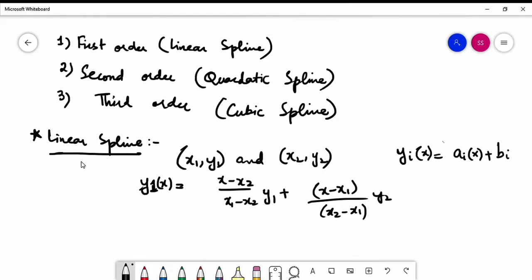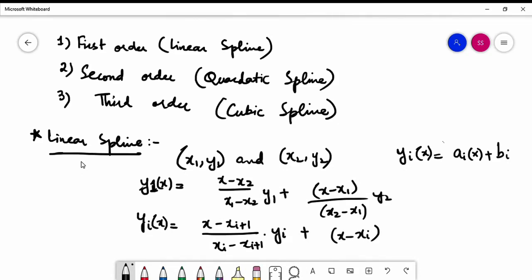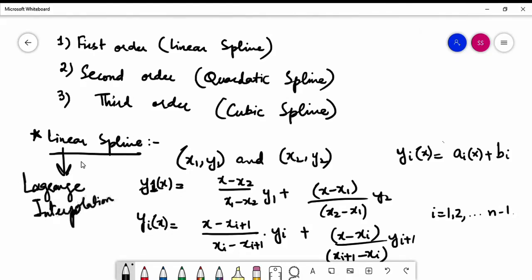For 2 points, if I want to generalize this, yi of x is equal to (x minus xi plus 1) divided by (xi minus xi plus 1) into yi plus (x minus xi) divided by (xi plus 1 minus xi) into yi plus 1, for i is equal to 1, 2, and so on to n minus 1. This linear spline is basically the same as Lagrange interpolation. The concept behind these two is the same.